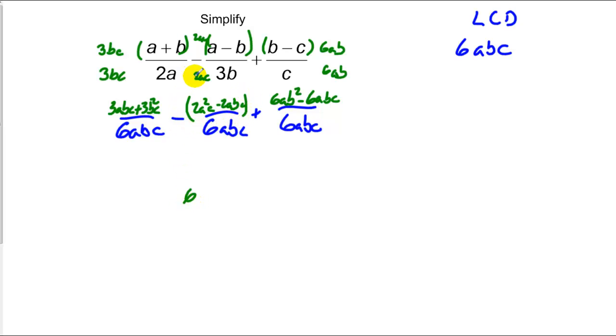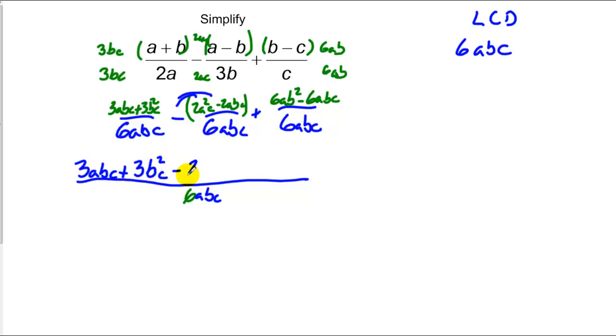Again, you'll note I have this negative 1 I have to distribute. So I have 3ABC plus 3B squared C minus 2A squared C plus 2ABC plus 6AB squared minus 6ABC.